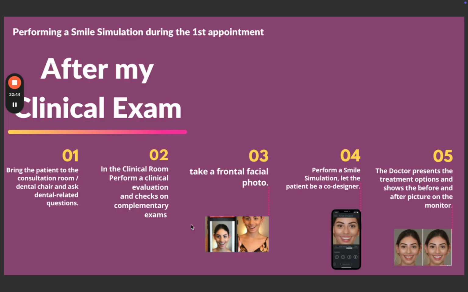After the second step, you can take a frontal picture of your patient and perform a smile simulation for your patient. You can ask the patient to wait a couple of moments, usually about 5 minutes, to design the smile simulation.